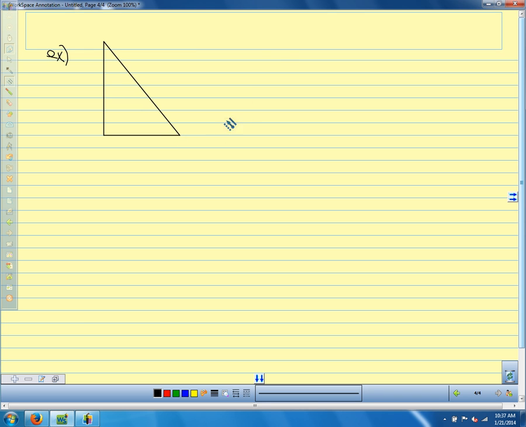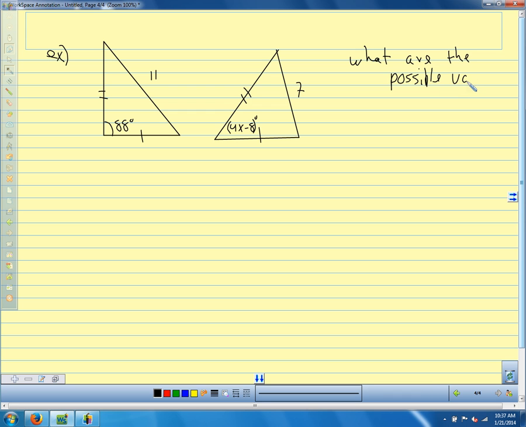All right, so we have two triangles here, same picture that we've been using for the entire time here. And for this problem we want to know what are the possible values of x?